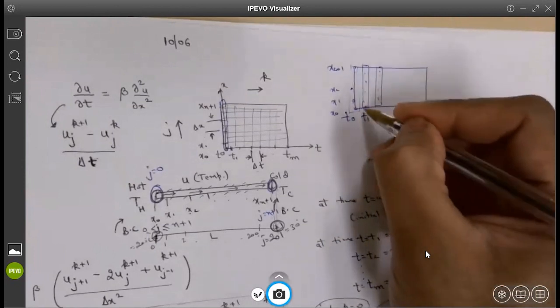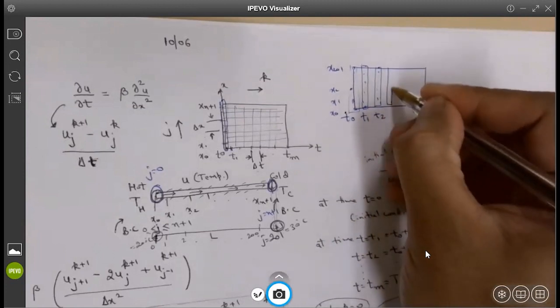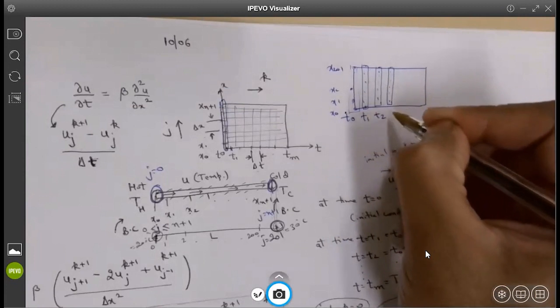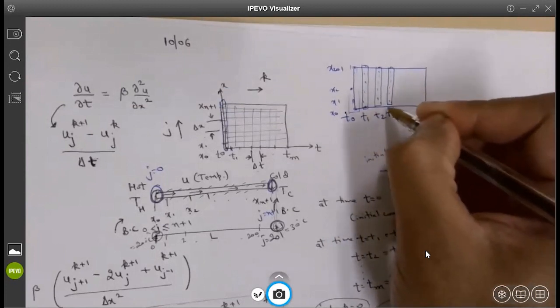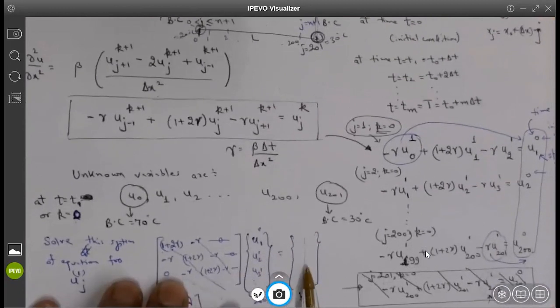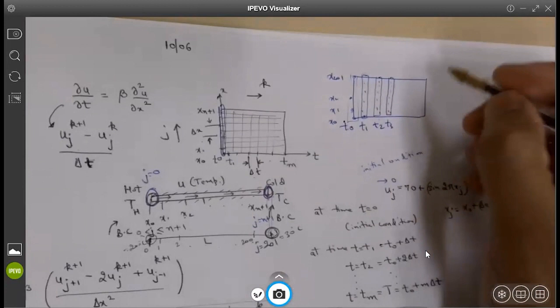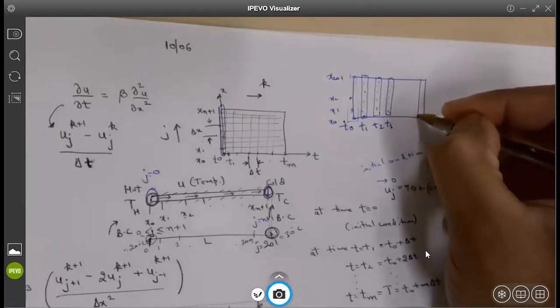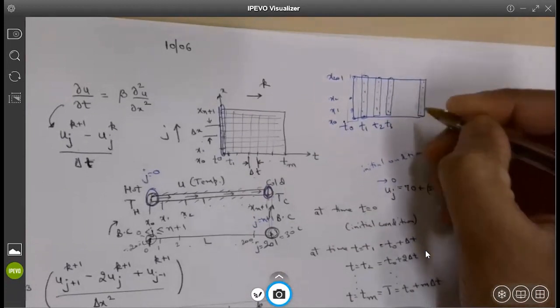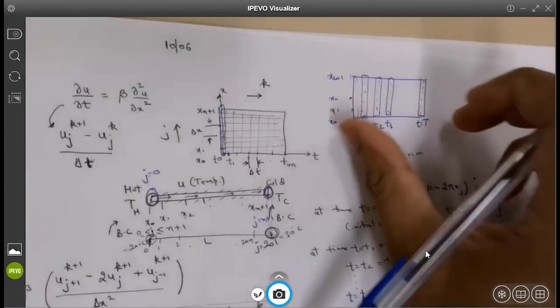Imagine this is a thin strip of metal, and at every time step, the temperature distribution will keep changing. This is the temperature distribution at time T3. You have to solve this system of equations to get the temperature distribution at every time step till you reach the final stage, which is the temperature distribution at time T equals capital T. That is what we need to determine.